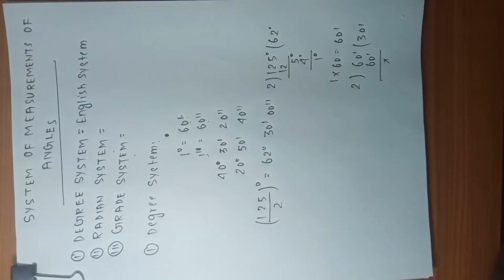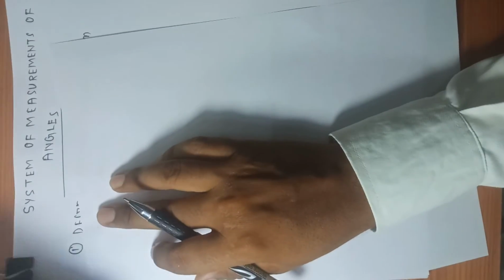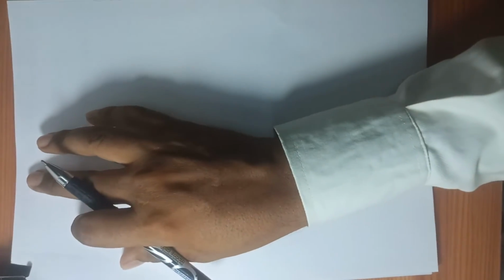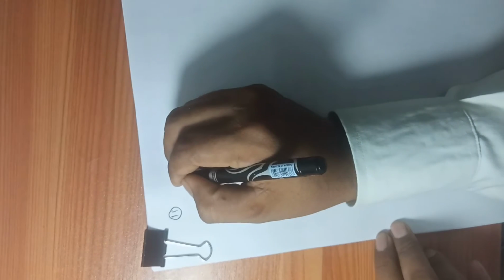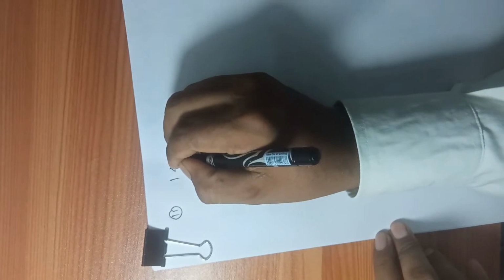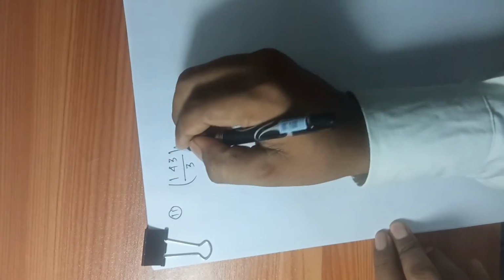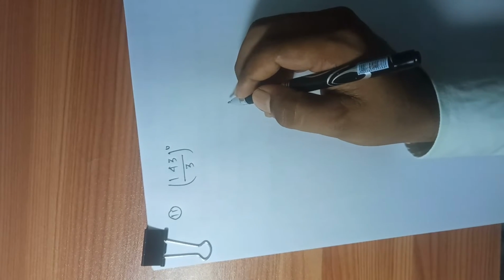Next, suppose we take another example of degree, minute and second. Example number 2: 143 by 3, that is in fraction form.